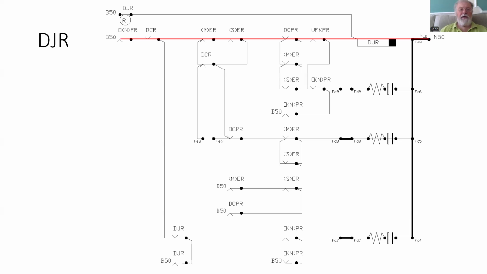So our initial state is that the OMPR is down, the DCR is up, MER and SER are both down, DCPR is up, and the UFKPR is down, and that causes the DJR to energize. And with the DJR energized, then we can also look at how the various capacitor resistor networks will also be charged up.